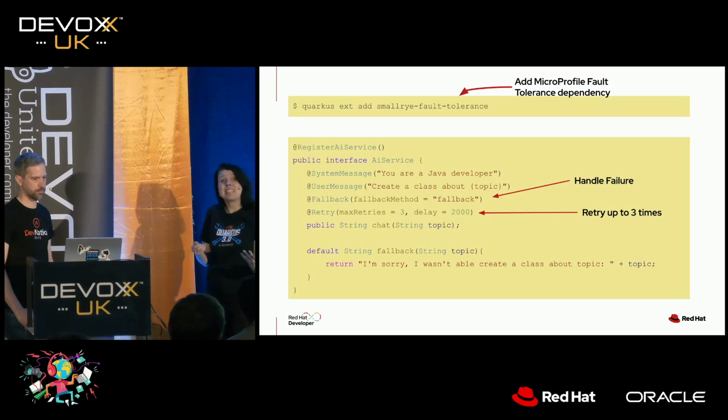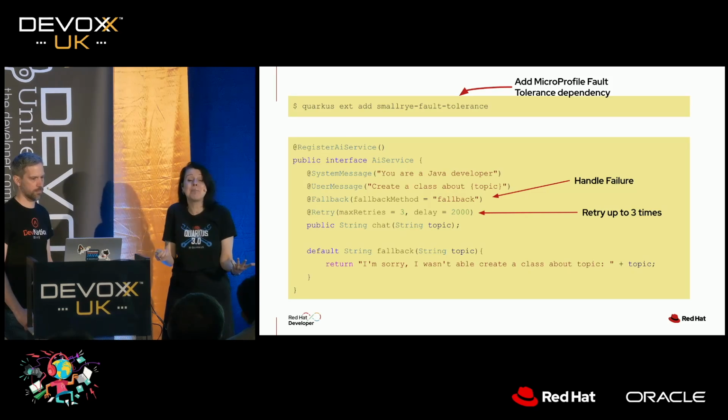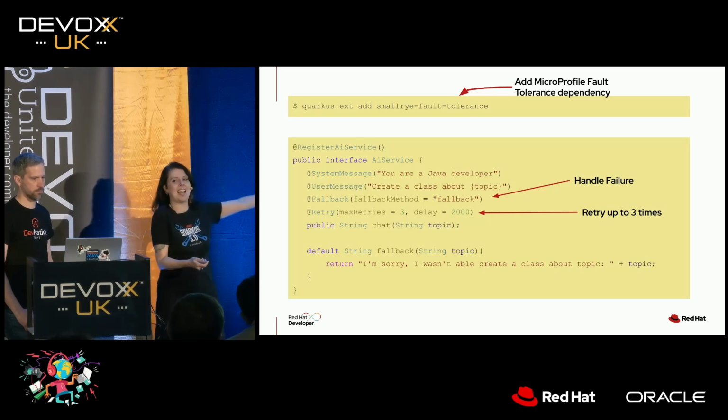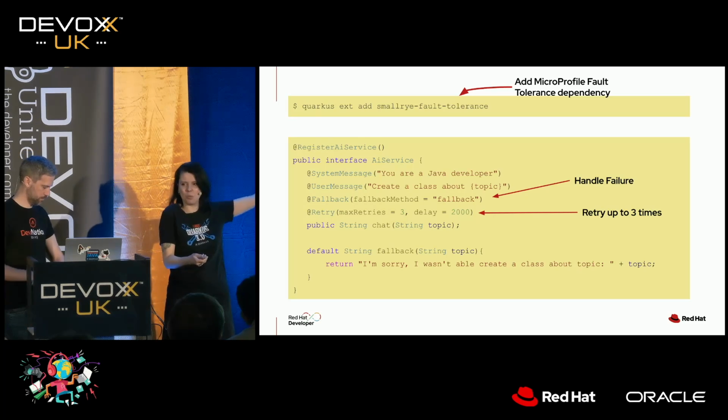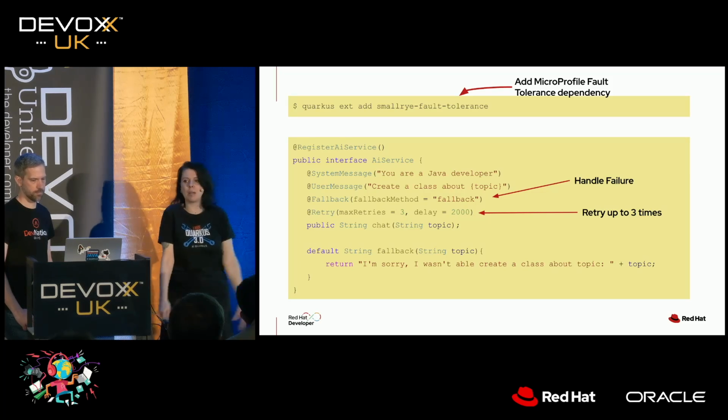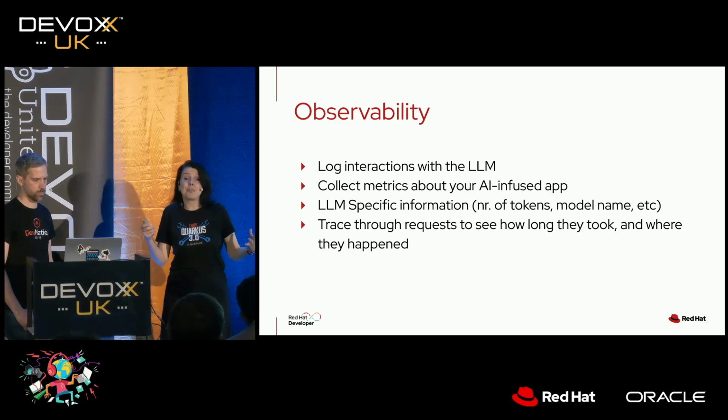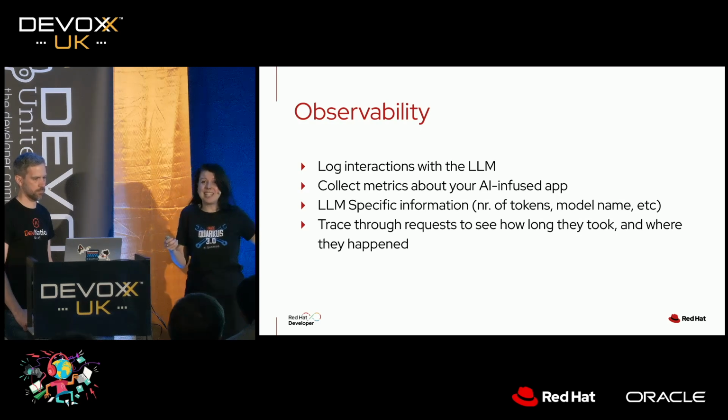This is really useful because this is distributed computing. Anytime you have distributed computing, things sometimes will go wrong. So you need to have that fault tolerance in your application once your application is a serious application. And of course, if you are deploying this, you need to know what's going on. Even before you've deployed it, you want to know what's going on to do the debugging, to understand things if something's going wrong.